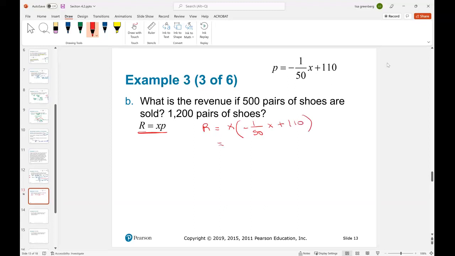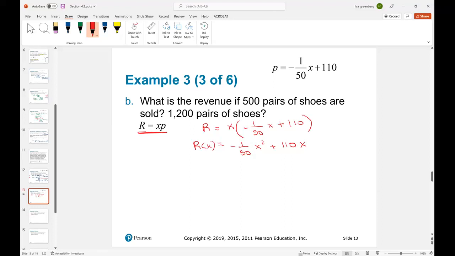And I distribute this, I get negative 1 over 50 X squared plus 110X. And now we can see that this is the revenue as a function of X. Now I can see that it's a quadratic, right? So we know now it looks like a parabola.